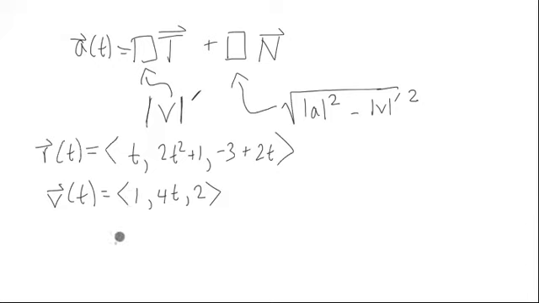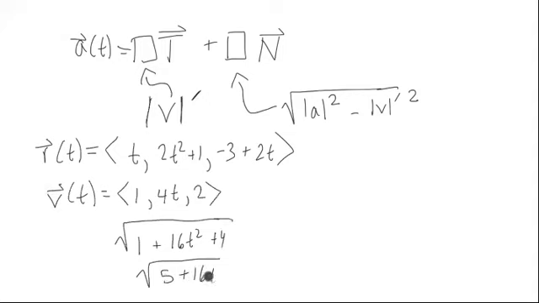The length of this is going to be the square root of 1 squared plus 4t quantity squared, which is 16t squared, plus 4. In other words, it's the square root of 5 plus 16t squared. And so this is the length of the velocity. All right, then we just got to take the derivative of that.